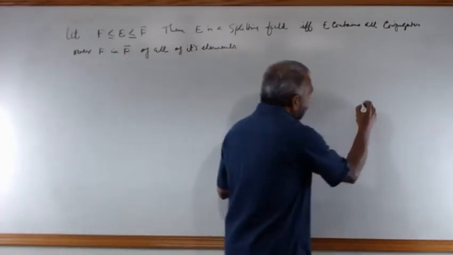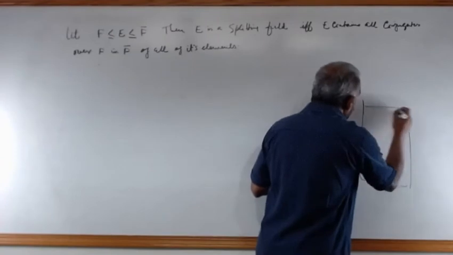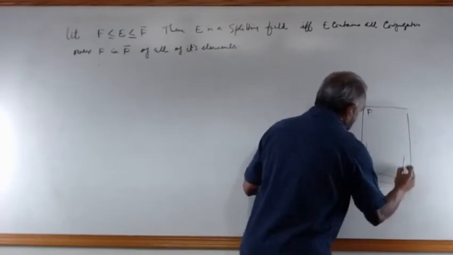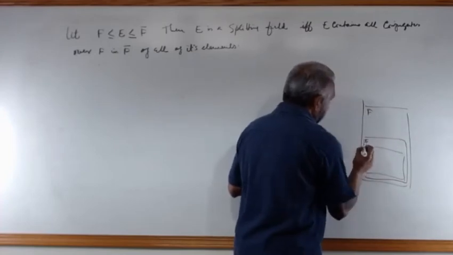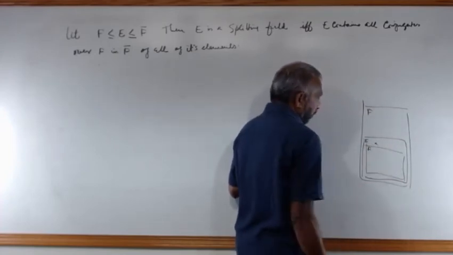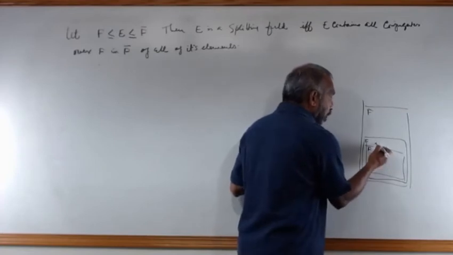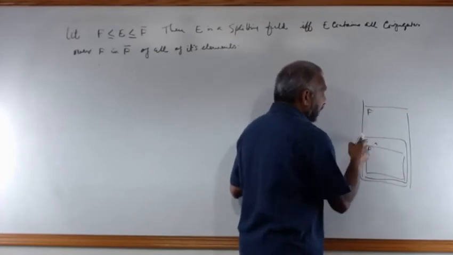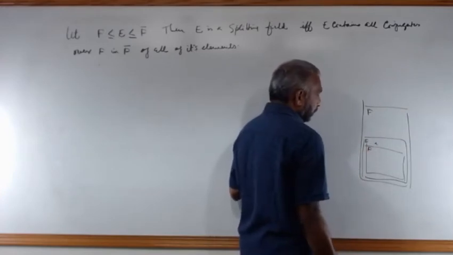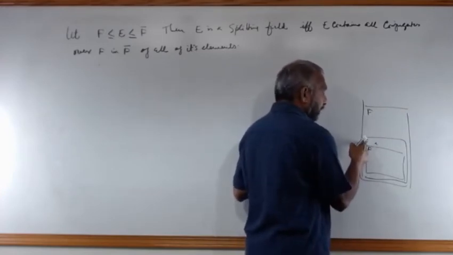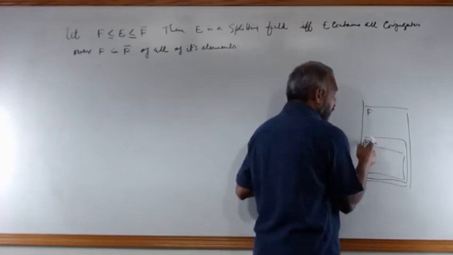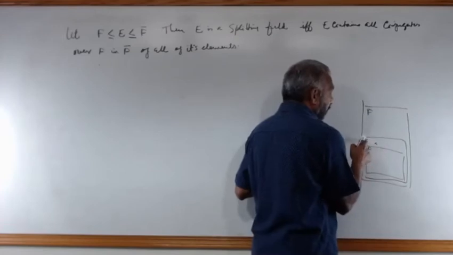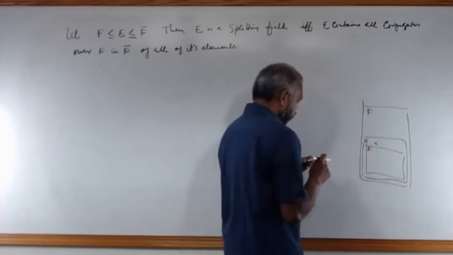Meaning, if you take any element alpha here in E, any conjugate of alpha is also in E, then E is a splitting field. Or if E is a splitting field, then any conjugate of any element of E is in E.